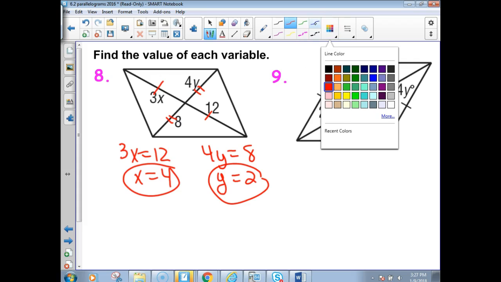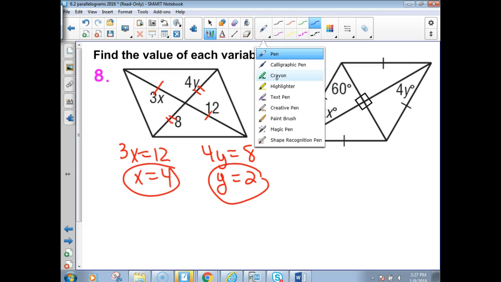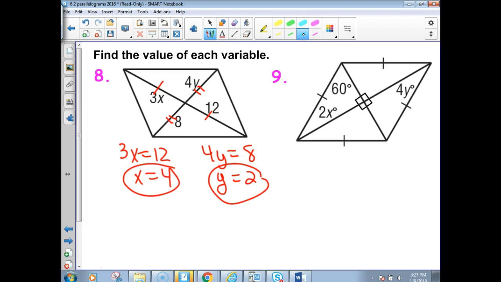Okay, and the last one we'll have time for is the next one. Strategies for this. You guys did not have these diagonals being perpendicular. Put the right angles in there, please. Because you need to have that to help you do the problem. However, I can tell you something.